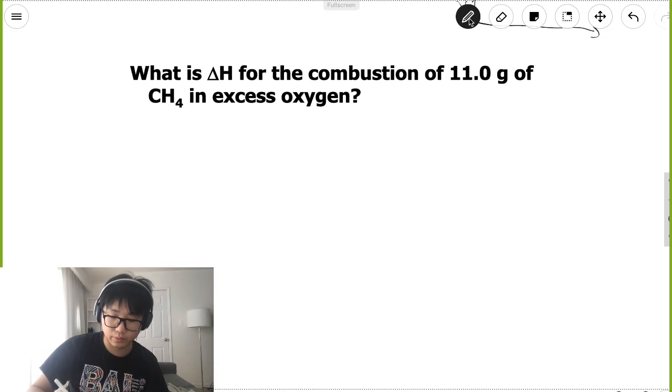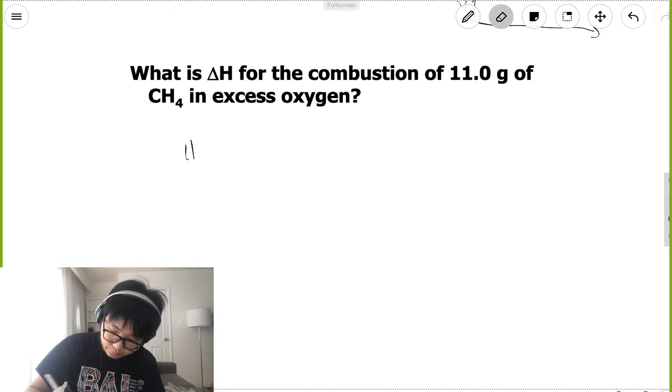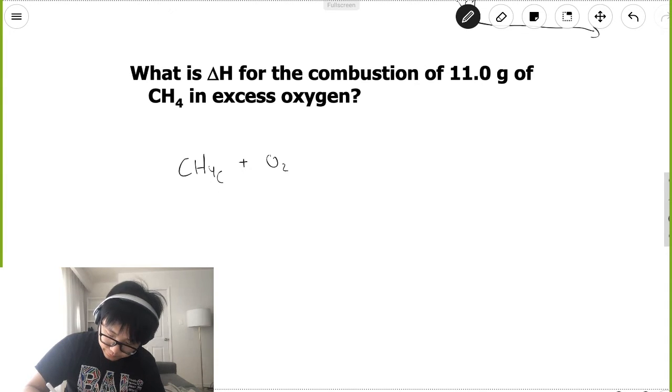This is the Hess's law. So first of all, let's write in the reaction first, because combustion of CH4 we both know is going to be CH4 plus what? Yep, CH4 plus oxygen gas, and then giving you H2O and CO2. Exactly.